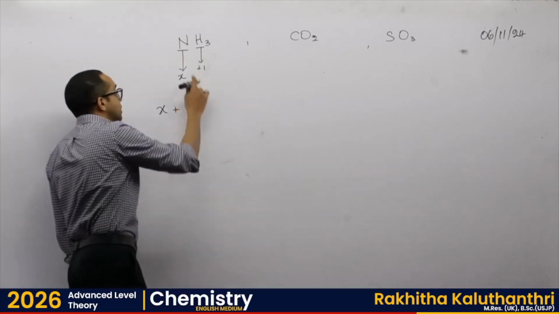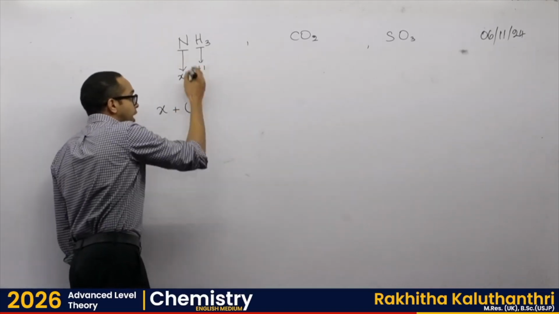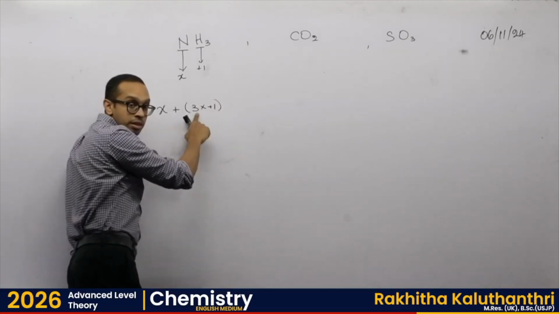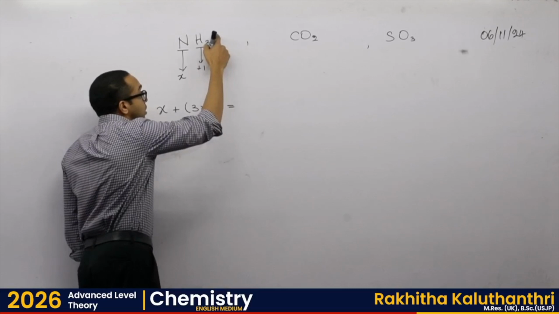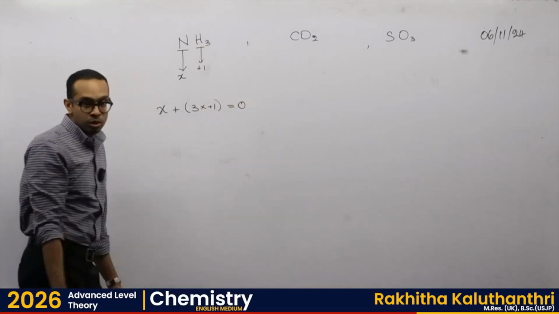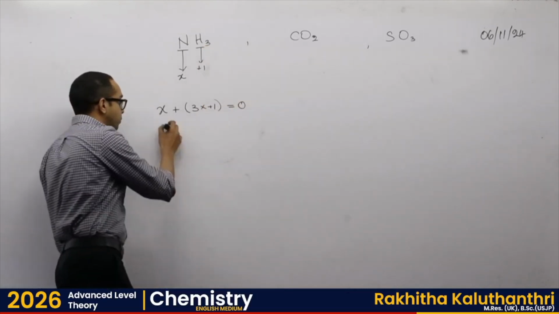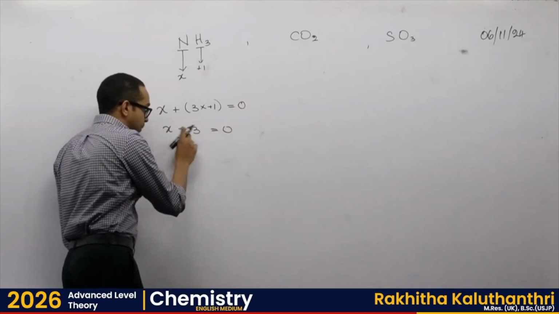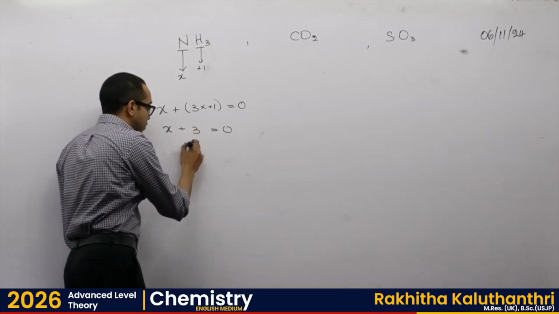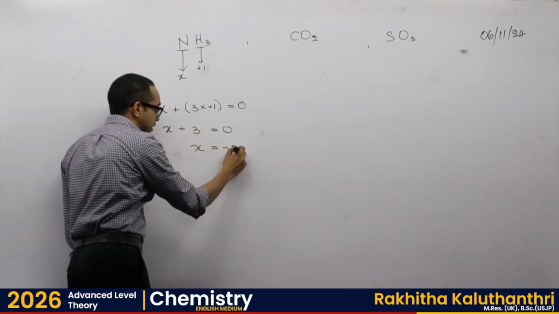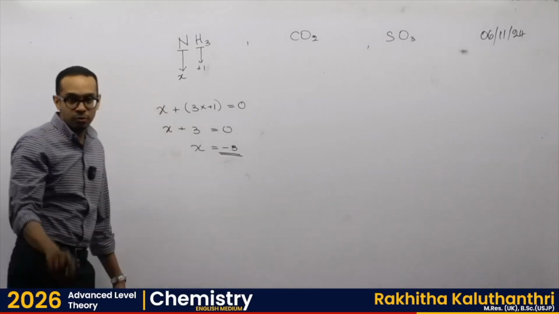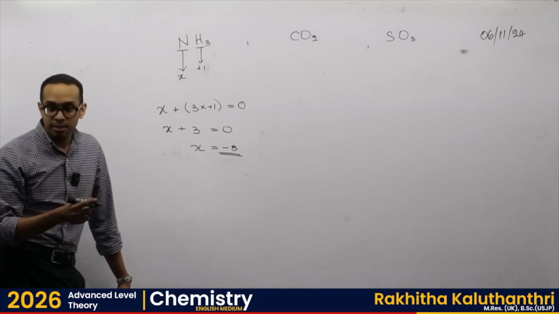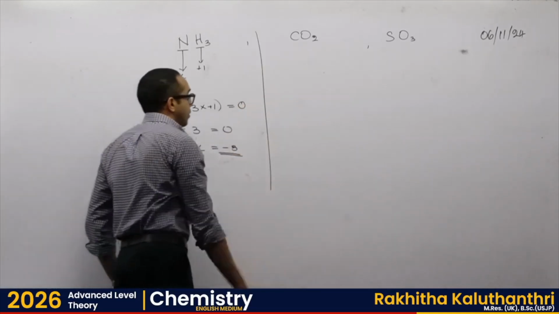So nitrogen, we have X, there are 3 hydrogens, each hydrogen is +1, so I multiplied +1 by 3. This should be equal to the charge. This is a neutral molecule, no charge. So X plus 3 is equal to 0. Therefore X is equal to -3. We found the nitrogen oxidation number earlier. Wasn't it -3? It was. So this is a bit of a shortcut method.